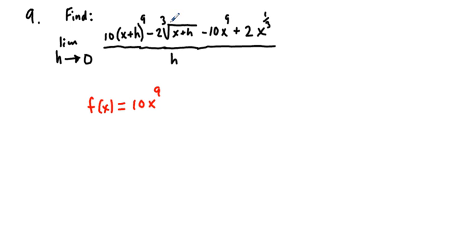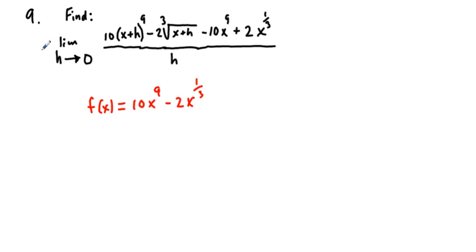Now this one here is a little confusing because we have a radical form here, and a rational form over here, but they are the same. So we're going to have minus 2x to the 1/3 power. So that's going to be f of x.